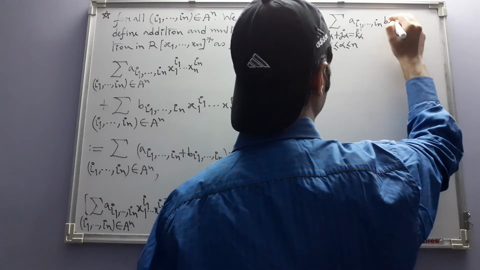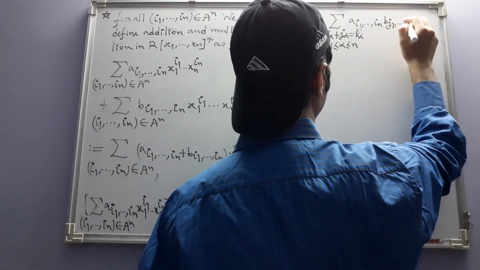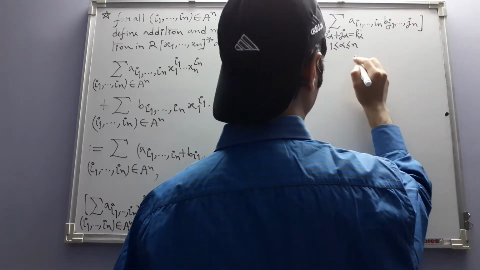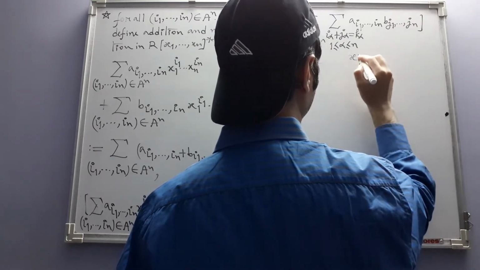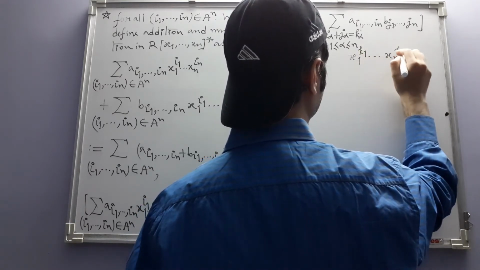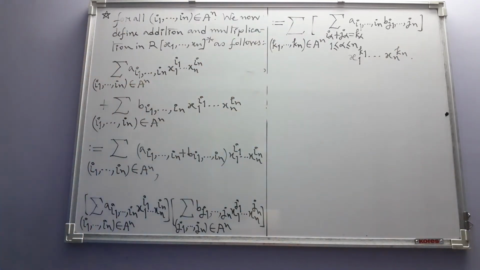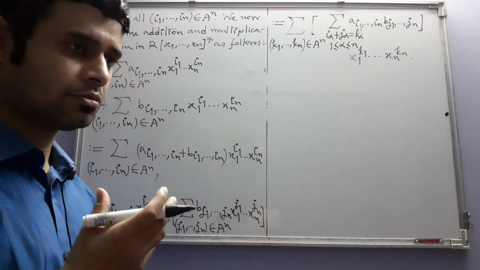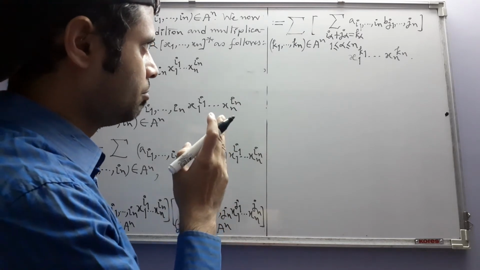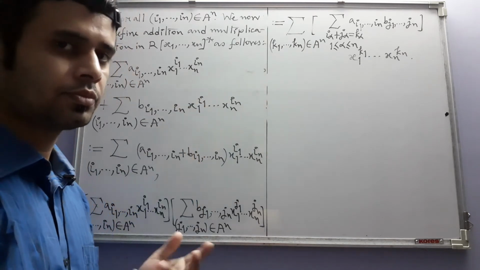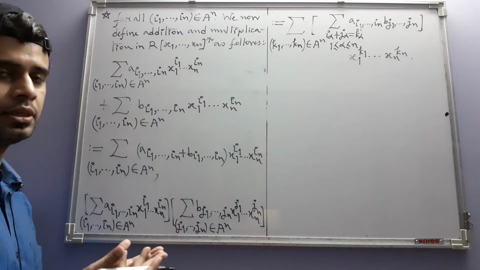B, j1, j2 up to jn, and with that we have this. Okay, so that is the definition. You can see that this definition reduces to the definition of multiplication when we have only one variable, that is when n is equal to 1. You can clearly see that from here.